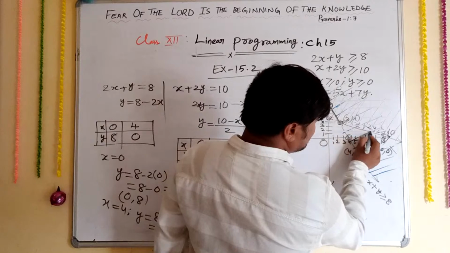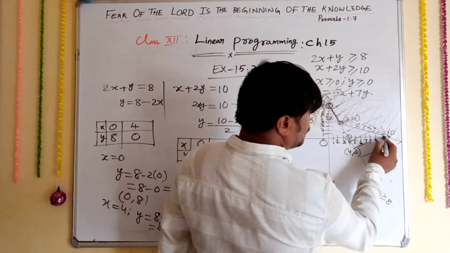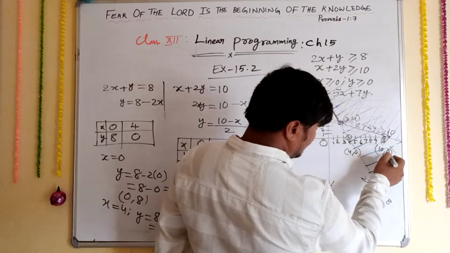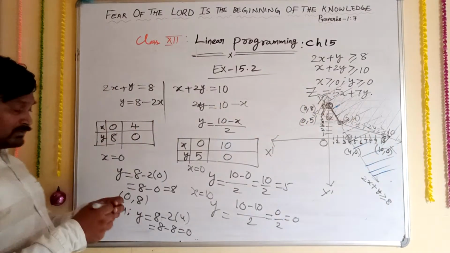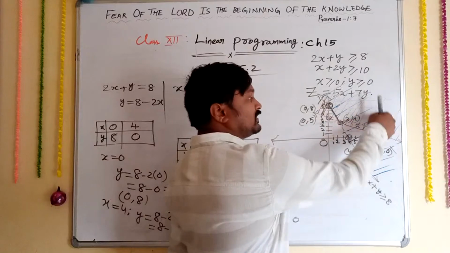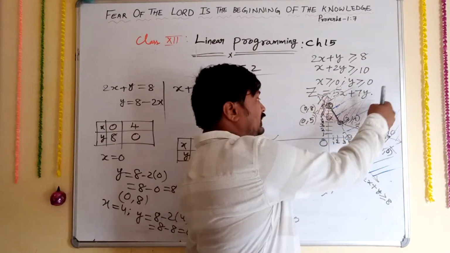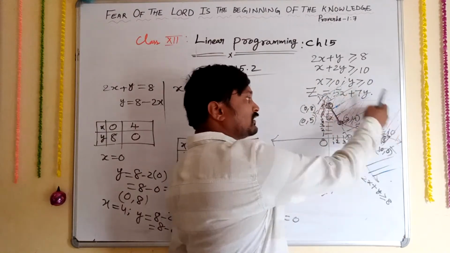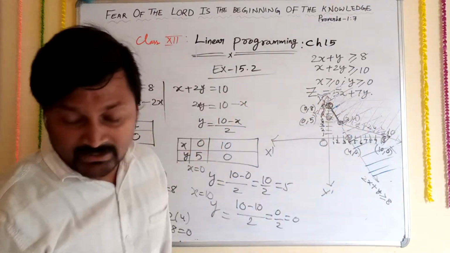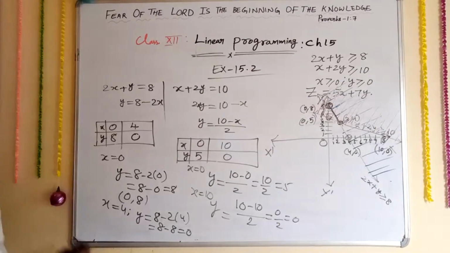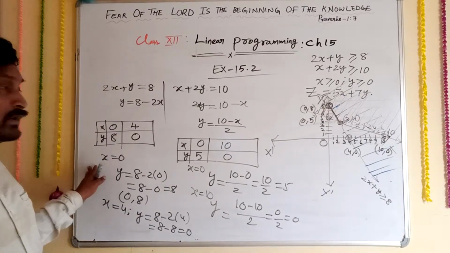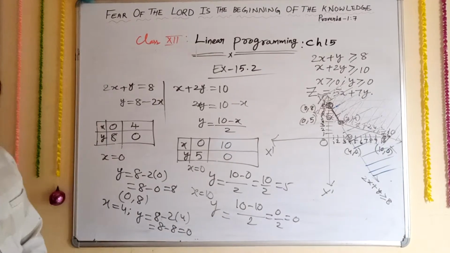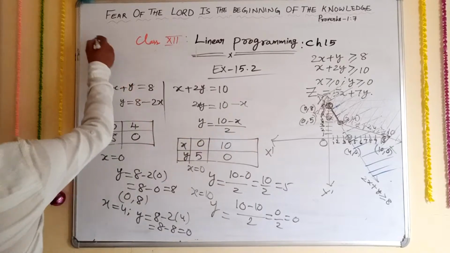And this part up to here. What is this point? 10 and 0. So let me draw that part. So this part is a common area. You are observing this part is your common area. So there only it is going to be maximized or minimized. I hope you all understood this part. This I am going to rub or not required. Just I draw here itself that points.